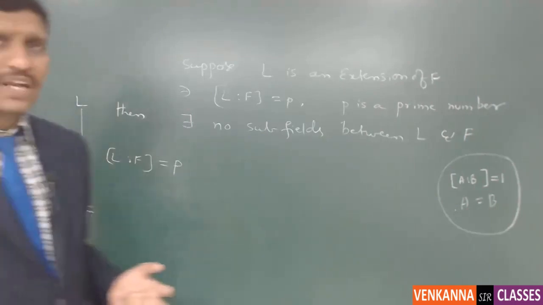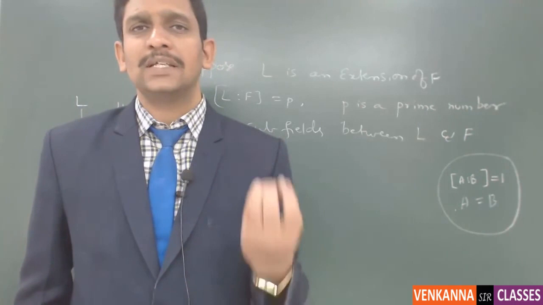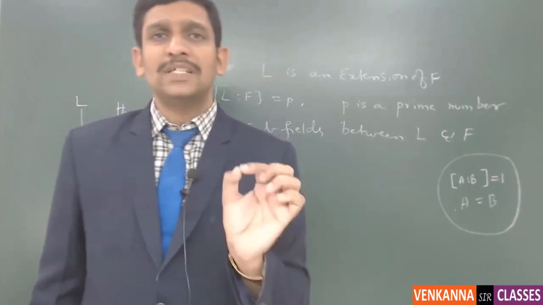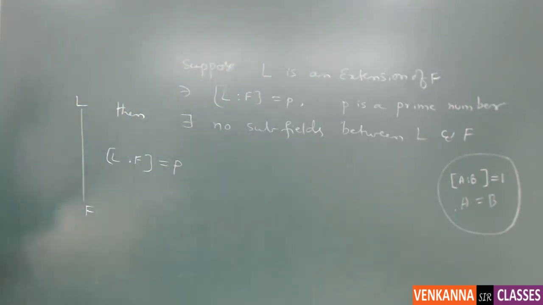So the basis will contain 2 elements, 3 elements, 5 elements, 11 elements, and so on. The number of elements in the basis is a prime number. Then you cannot get a subfield between these two. That was the actual thing. Are you clear with this?